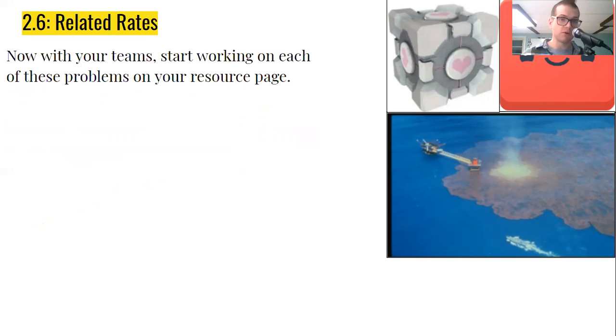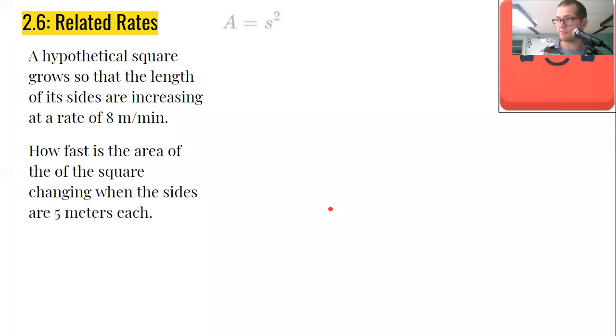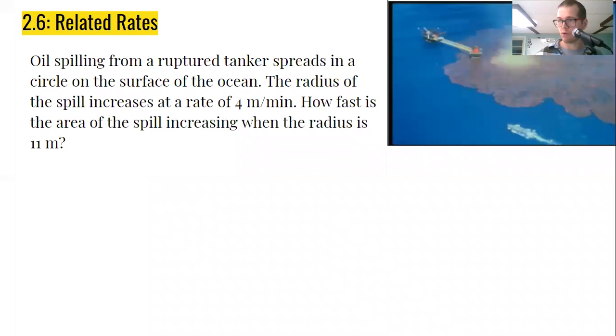I'd like you to try to do those two on your own before I see you next Tuesday. Again, they're very, very similar to this puddle problem. And as you try them, I have my work up here so you can check your work. So you can come back and look at this.